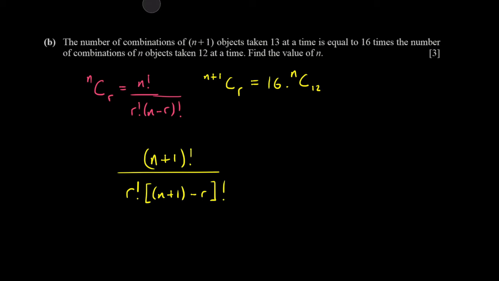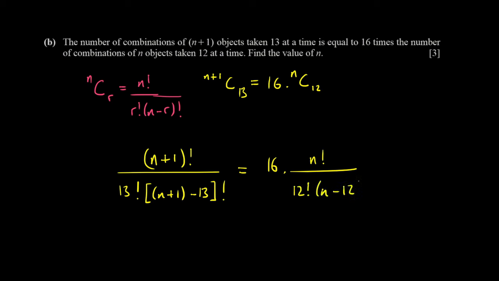So we just delete that. I made a little mistake there. I do beg your pardon. That's 13. So let me amend this. That's 13 factorial, n plus 1 minus 13 factorial. I do apologize, guys. And that's going to be equal to 16 times n factorial over 12 factorial, n minus 12 factorial.